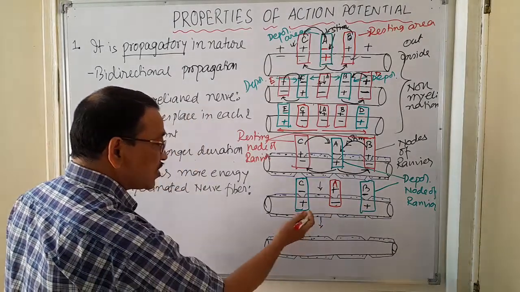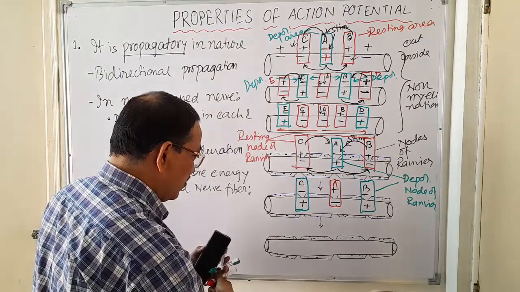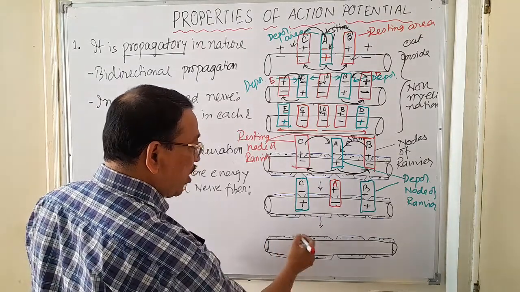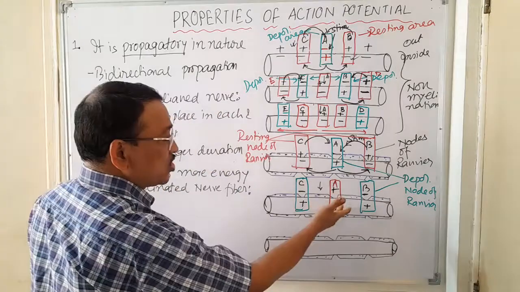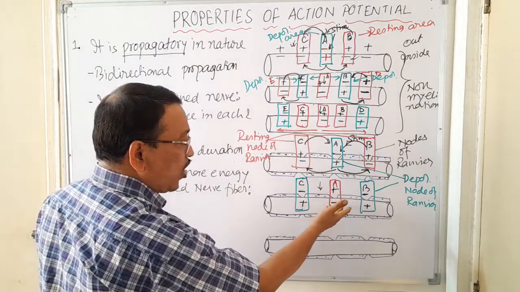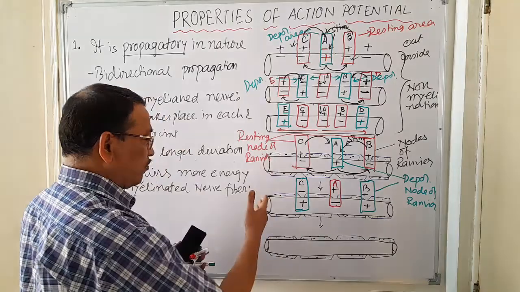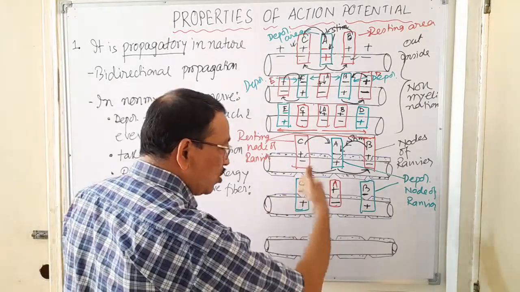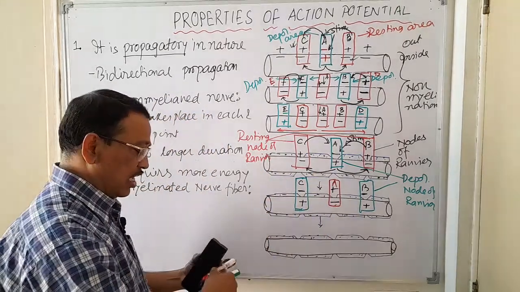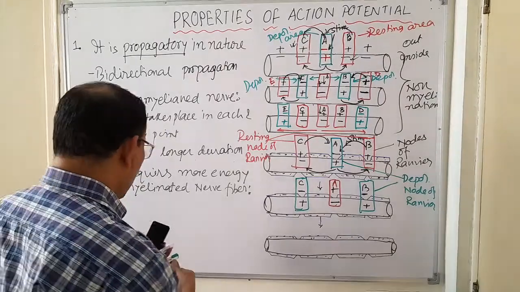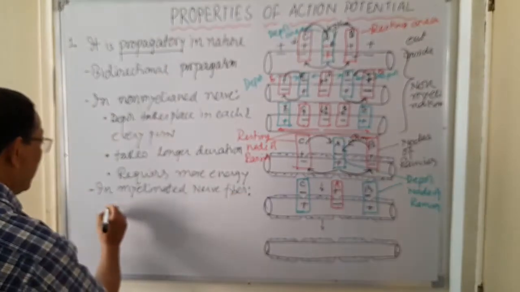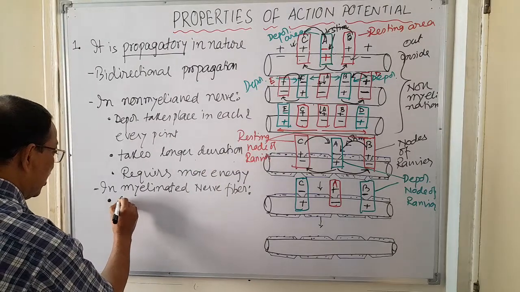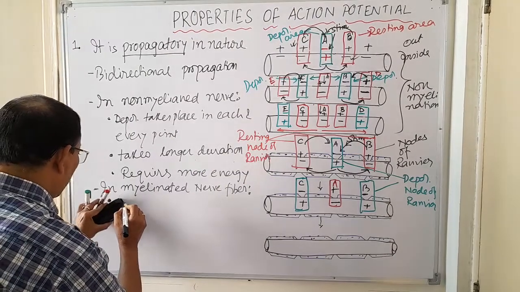In the same way, this will be passed to this point, and this will be passed to this point. So in this way, the action potential will jump from one node of Ranvier to the other, and that type of conduction is known as jumping conduction or saltatory conduction. So in a myelinated nerve fiber, the process is known as jumping conduction.